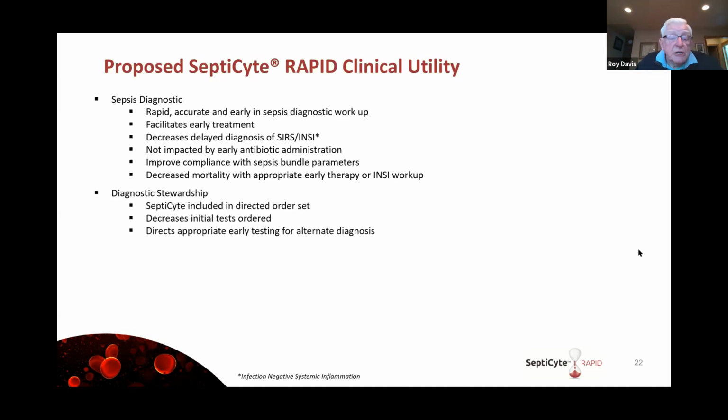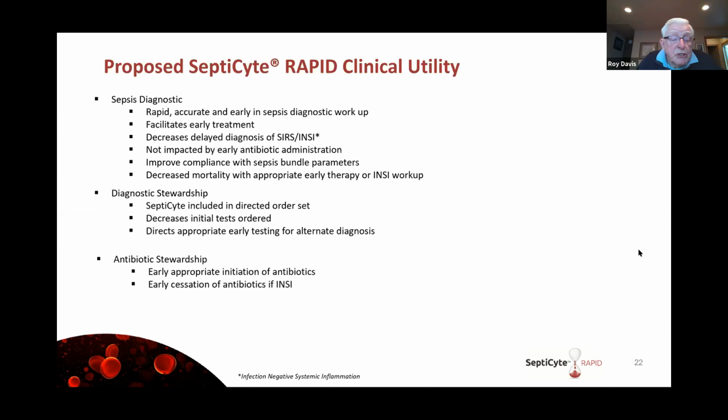From a diagnostic stewardship standpoint, Sepsis Rapid being included in the initial order set means that with a directed order set, one can decrease the number of probably unnecessary initial tests ordered, and it directs appropriate early testing for those patients who do not have sepsis, so that we don't delay that diagnostic process and order the appropriate test at the appropriate time.